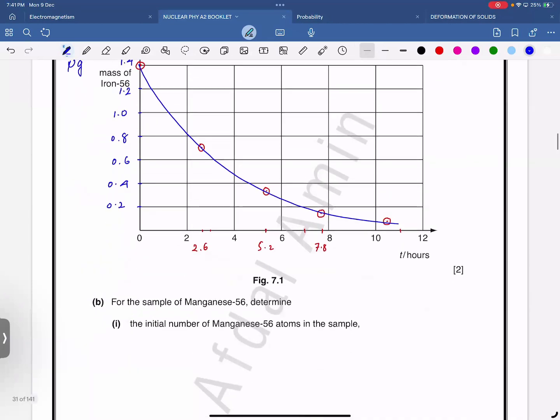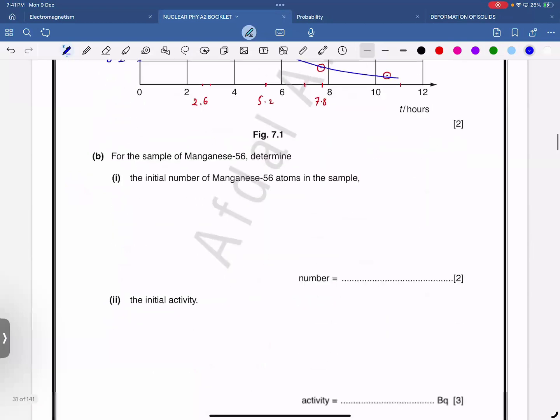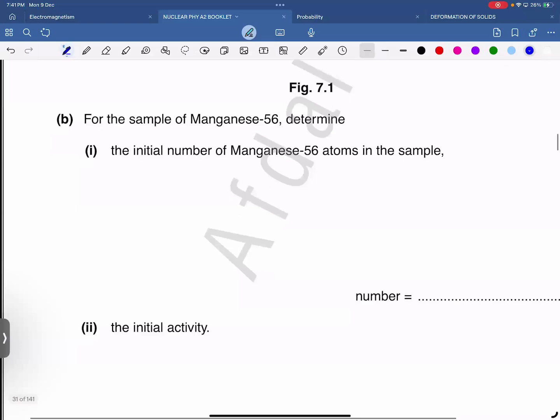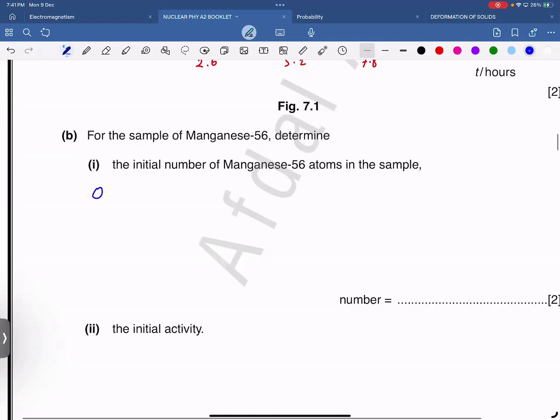For the sample of manganese, determine the initial number of atoms. Number of atoms, I told you, is N, and initial is called N naught. So mass you will compare in the general way you learned last time. First go for one atom.